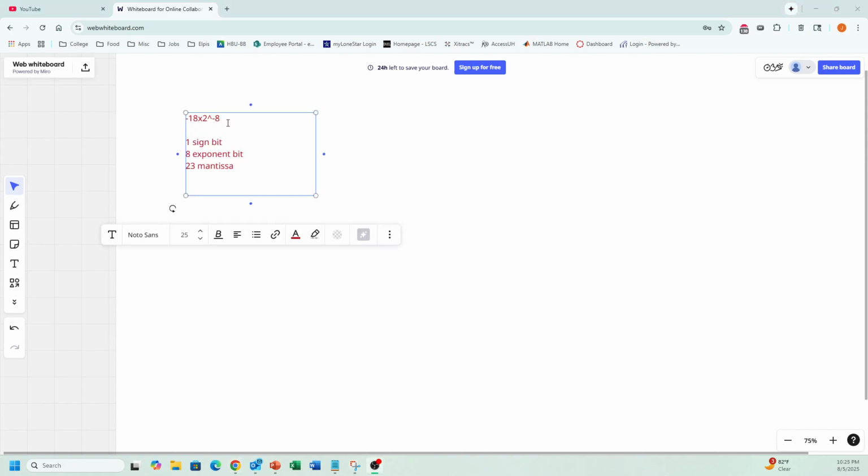Okay. So let's say that you have to do this number: negative 18 times 2 to the negative 8. This will be in a floating point representation which has 32-bit numbers. The way the 32 bits is broken down is one sign bit that is 0 or 1, then you have 8 exponent bits and 23 mantissa bits.